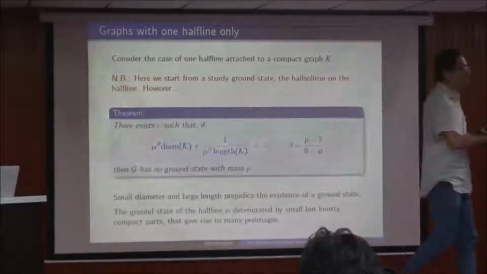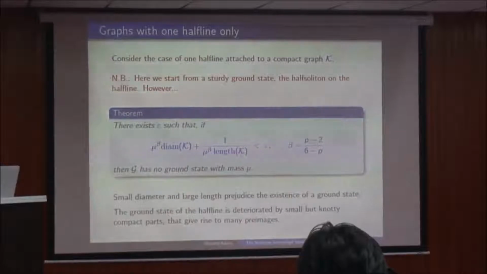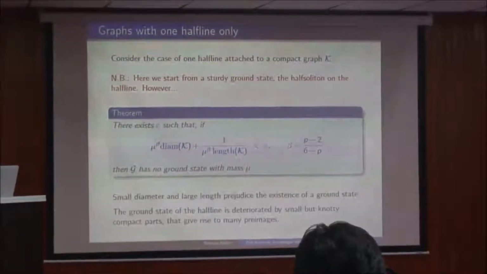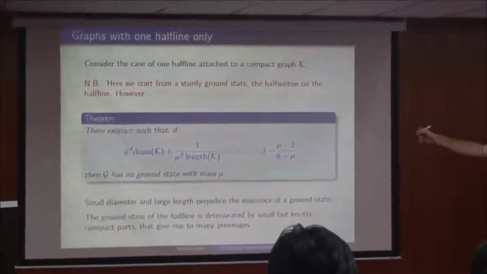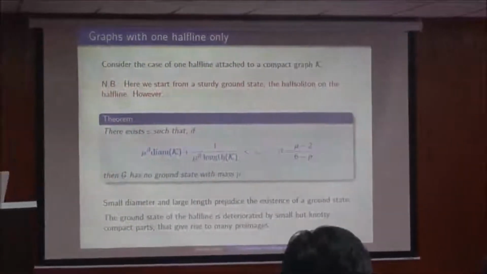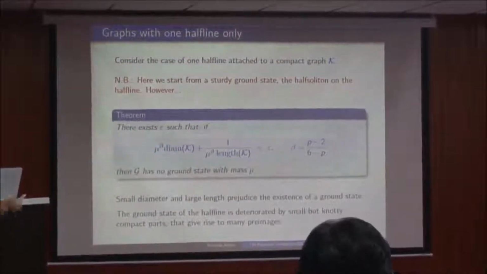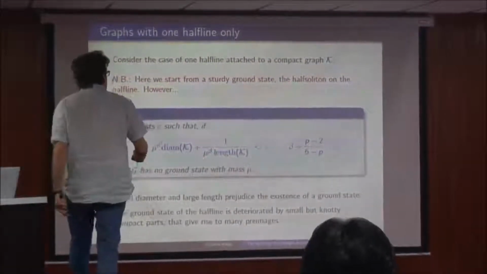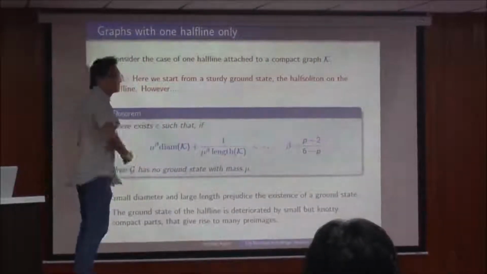The diameter of K is the maximal distance between 2 points of K. Like in the circle, the diameter is the maximal distance. Okay? Plus the inverse of mu to the same power beta times the length of K.